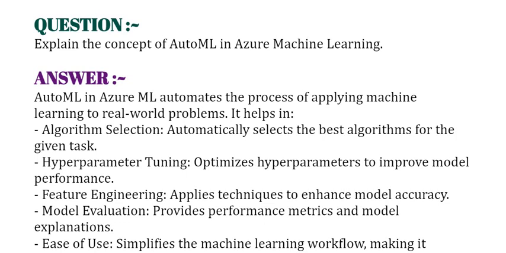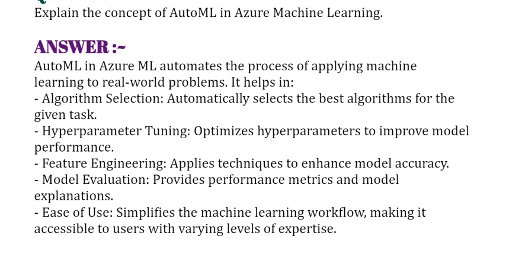Hyperparameter tuning optimizes hyperparameters to improve model performance. Feature engineering applies techniques to enhance model accuracy. Model evaluation provides performance metrics and model explanations. Ease of use simplifies the machine learning workflow, making it accessible to users with varying levels of expertise.